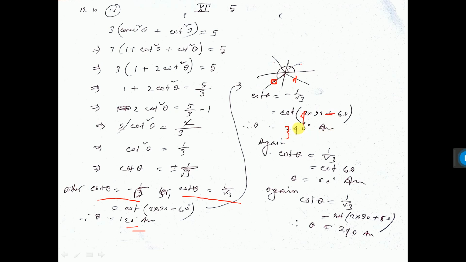Here it is wrong, you make the correction, because in the fourth quadrant all sin tan cos, fourth quadrant negative, so it will be 4 into 90 minus theta. See here 1, 2, 3, 4 into 90 minus theta. So 4 into 90 minus theta will be 360 minus 60, that is 300 degree.